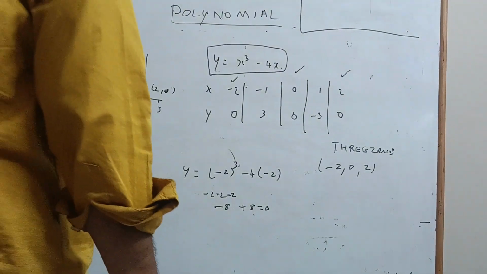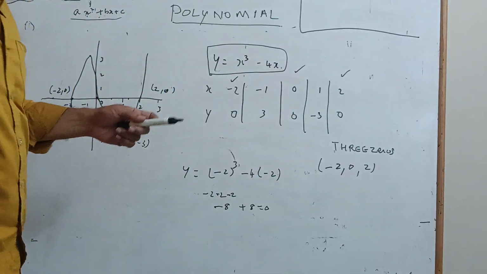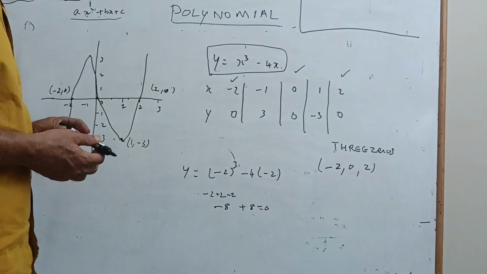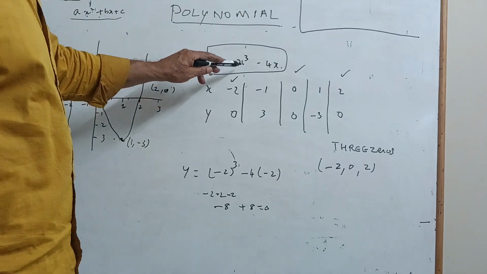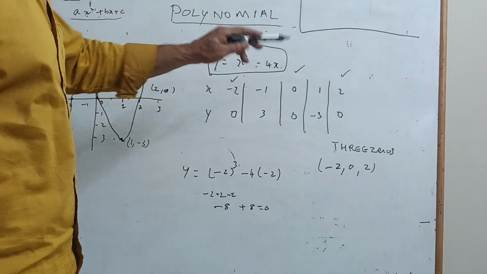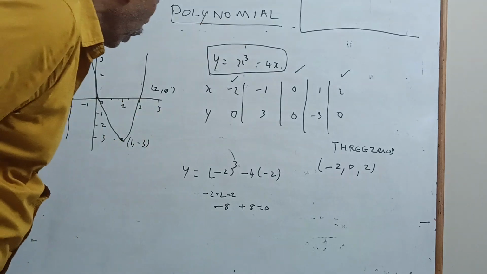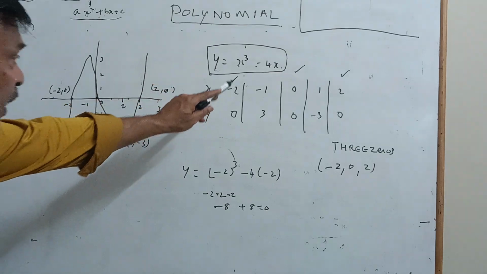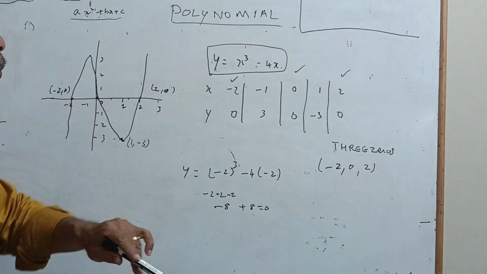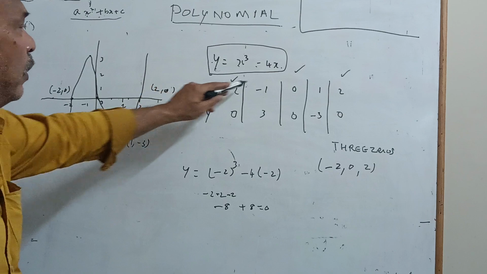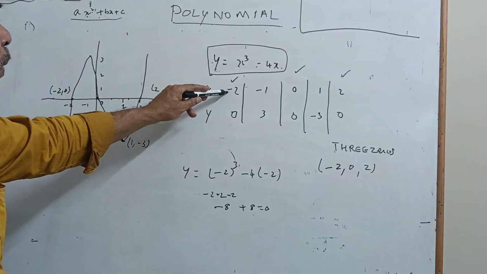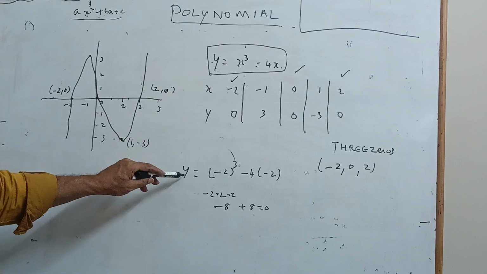Now we are going to see the cubic polynomial. The equation is y equal to x cube minus 4x. Now we are going to give some values for x and find the y value. I have given one example: if x is equal to minus 2, what will be the value of y?